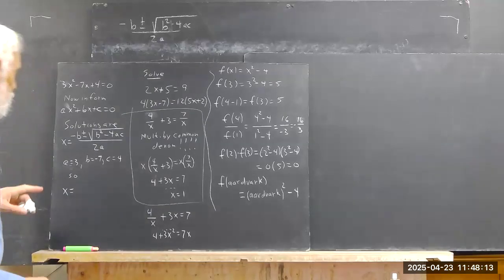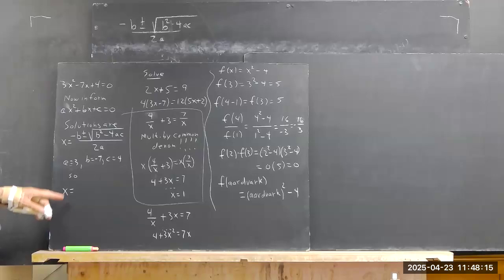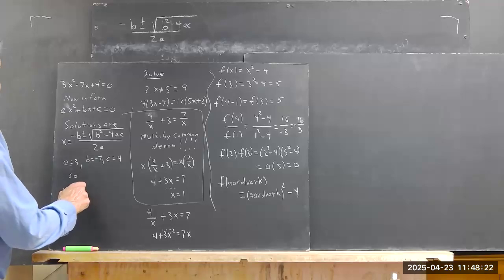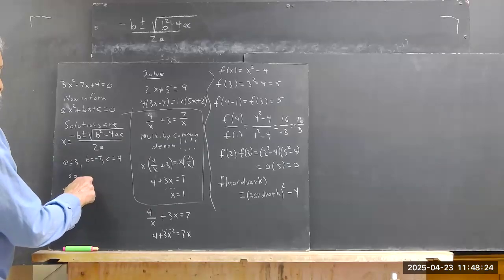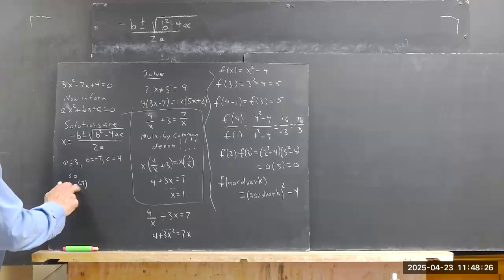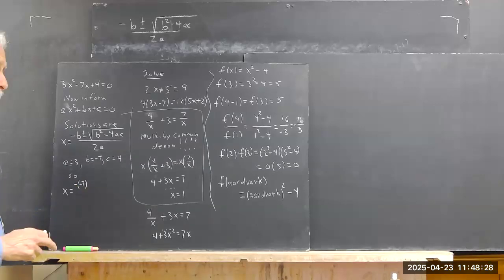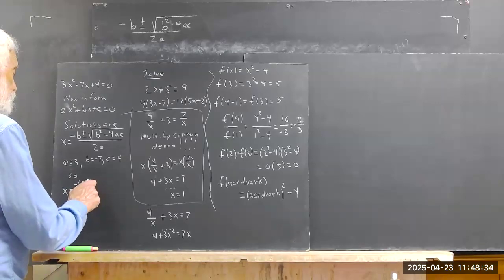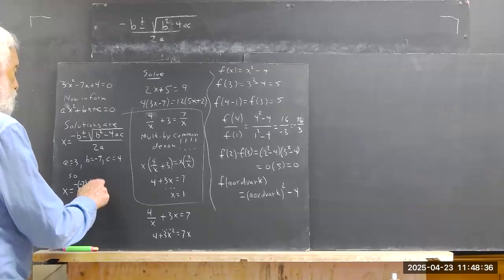Okay. Now, we then get x. X is negative b. What's b? B is negative 7. So we write x as negative of negative 7. So we don't write 7. We write the negative of the negative because we really have to be careful about negative signs. It's real easy to make an error with the negatives.